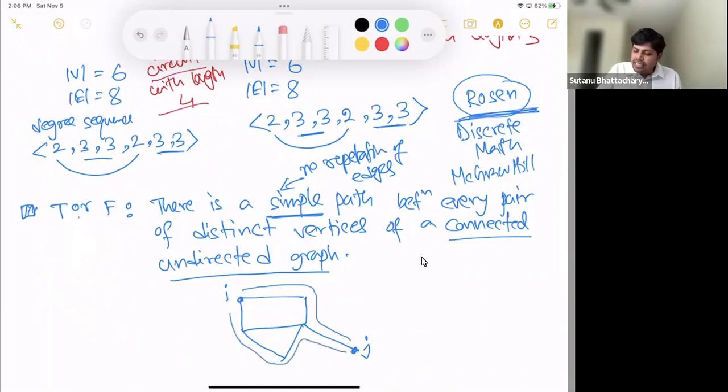Since this is connected, obviously there is a simple path between every pair of distinct vertices. So the statement is true. And this is an important observation, because you will study different algorithms in your algorithm course or data structure course based on this. This is not an assumption, this is a true fact. If a graph is connected, then obviously there should be a simple path between any pair of vertices.